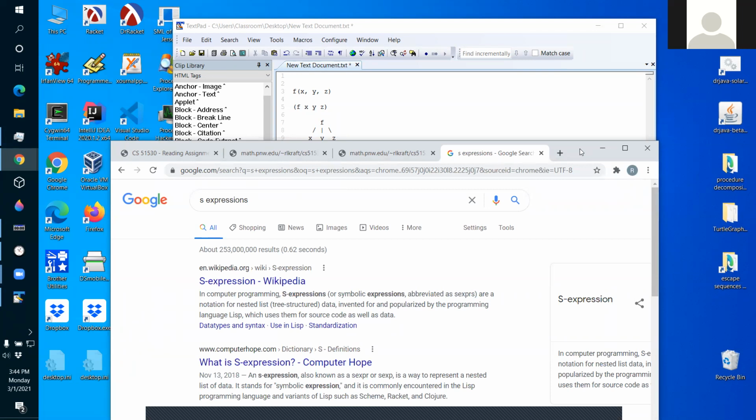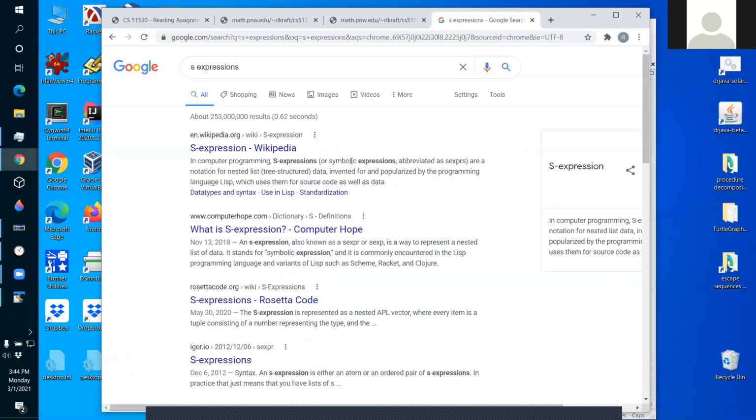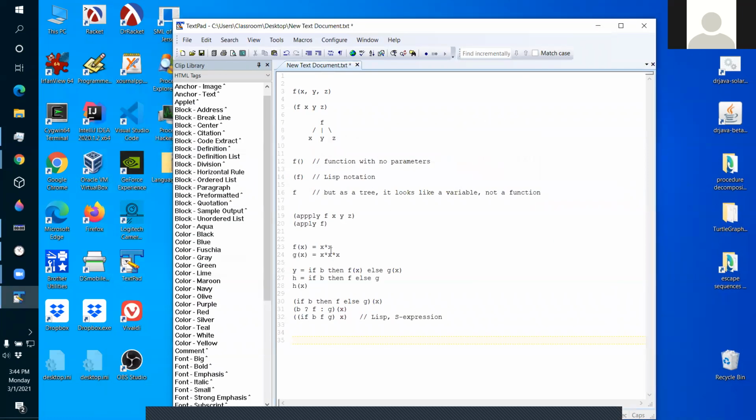S stands for symbolic. They're symbolic expressions. They were designed for the Lisp language. They're one step more sophisticated than tree language. Our language is a tree language. Lisp is actually an S expression. It's not really a tree, it's an S expression.